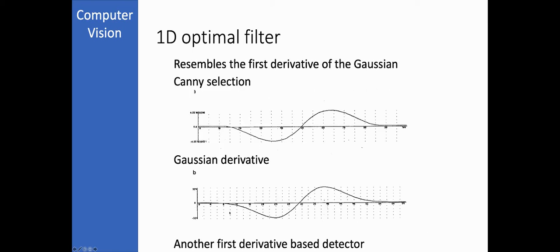Actually, this optimal filter really resembles the first derivative of a Gaussian. And indeed, if I look at the filter that's coming out of the Canny and the first derivative of a Gaussian profile, I see that they're almost identical. So it's nice because instead of computing this, I can simply use the derivative of a Gaussian.